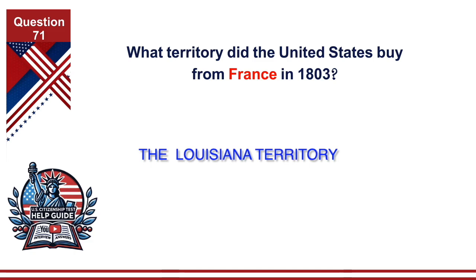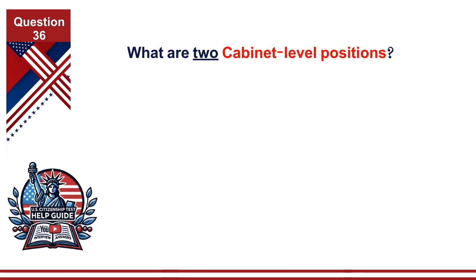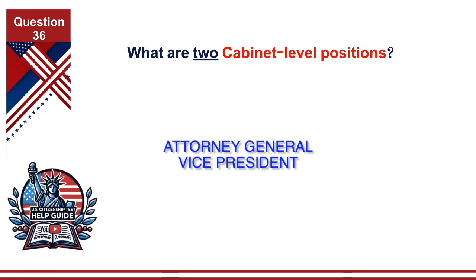The Louisiana Territory. What are two cabinet-level positions? Attorney General, Vice President.